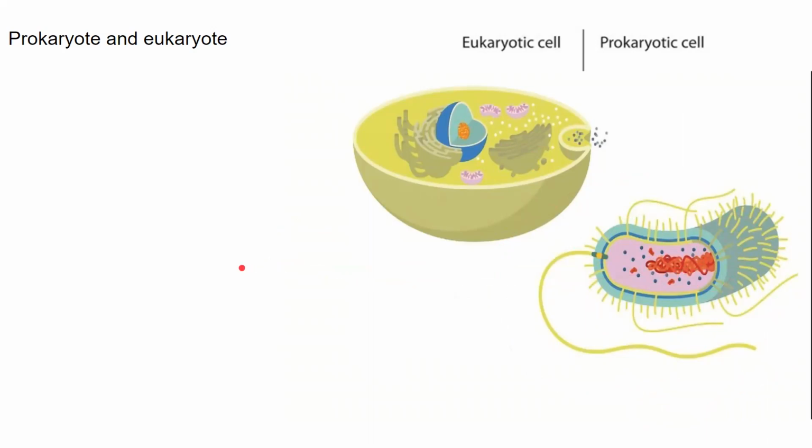So one key thing that you need to understand over here is that the essential difference between pro and eukaryotes is that prokaryotes will not have internal cell membranes. There is no internal cell membrane. So any organelle which has cell membranes will not be present in the prokaryote, right? DNA does not have a cell membrane.